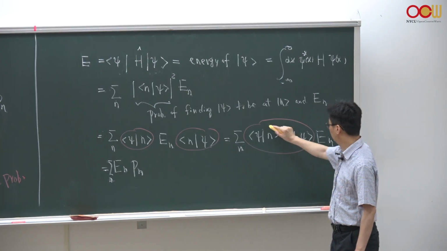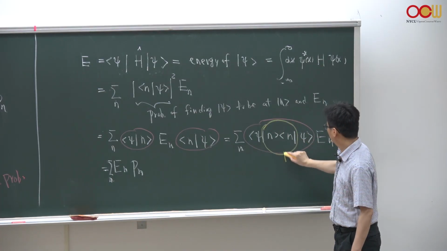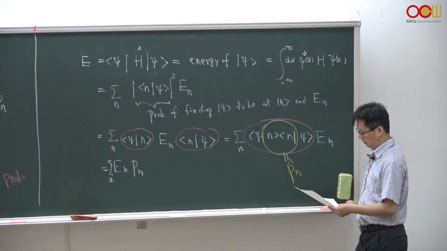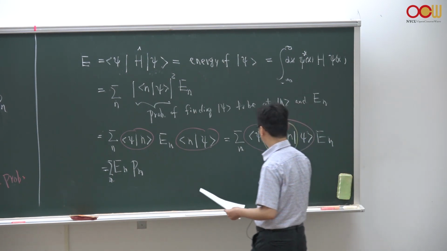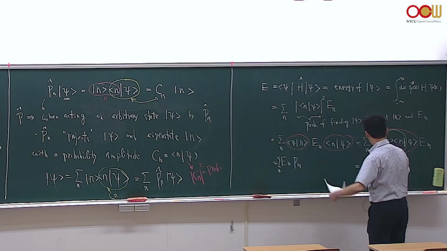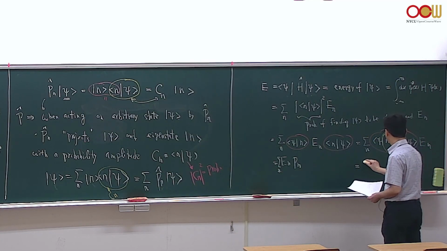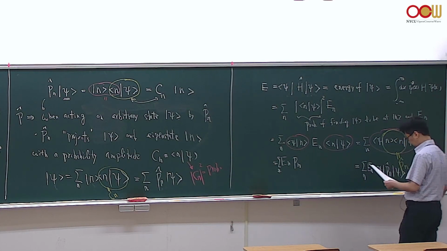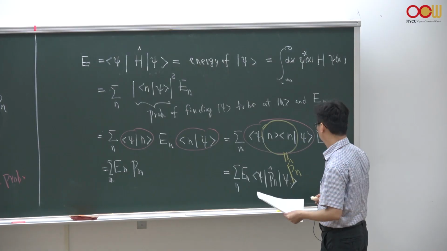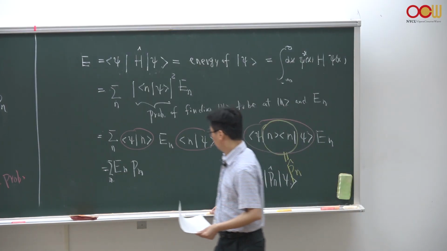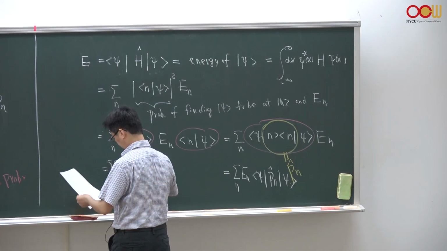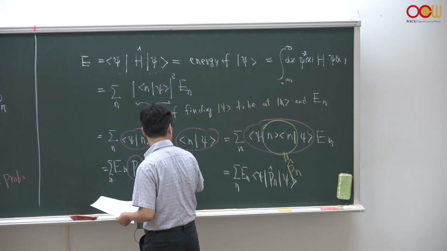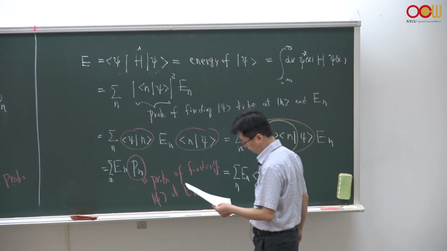But we know that this is the definition of the projection operator Pn, right? Okay, so then you could simply use this identity or this equation that we derived, right? But then, this is equal to this projection operator, or this is the probability at En, right?